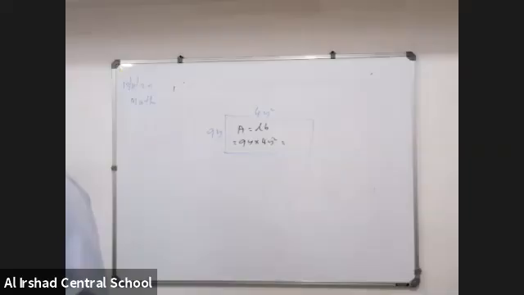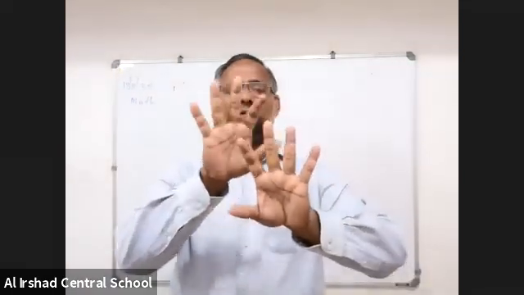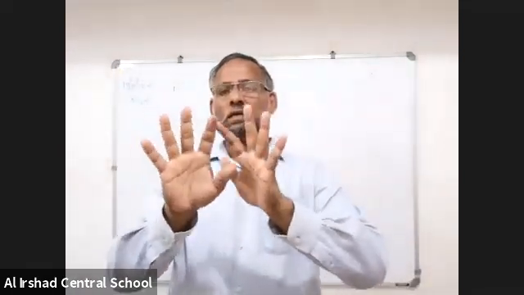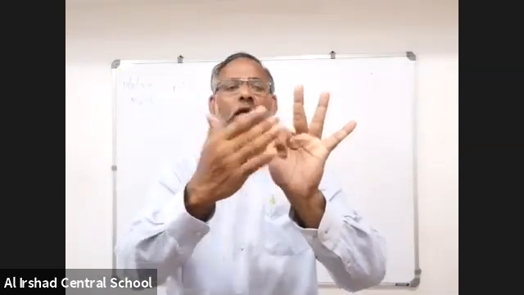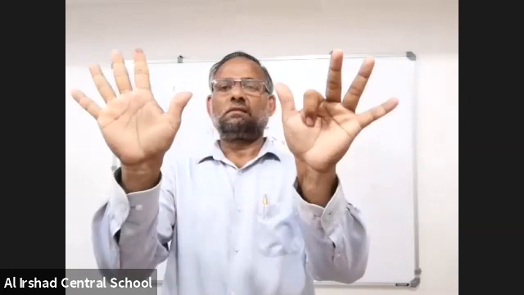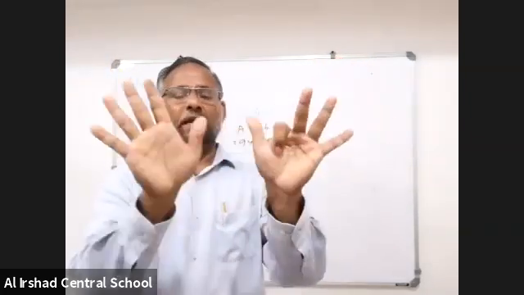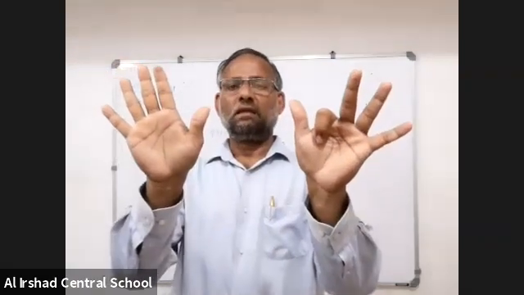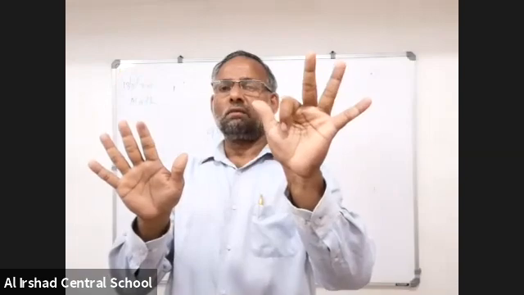The 9 table is very easy. I told you the finger method also you can use. Listen here, 9 table. See, 1, 2, 3, 4, 5, 6, 7, 8, 9, 10. In class 3 you studied the finger method. You want 4 9s: fold the 4th finger, and see 3 before it and 6 after it, 36.